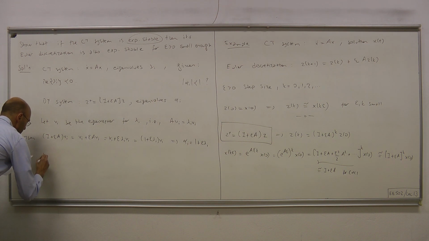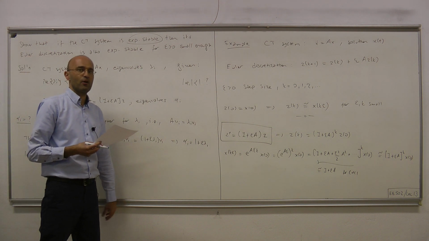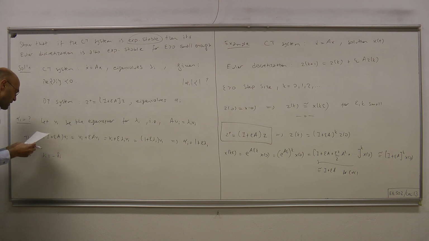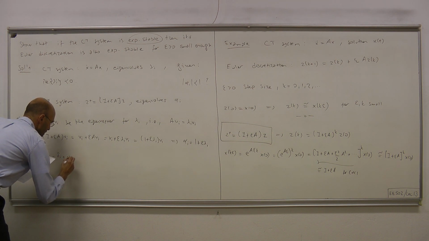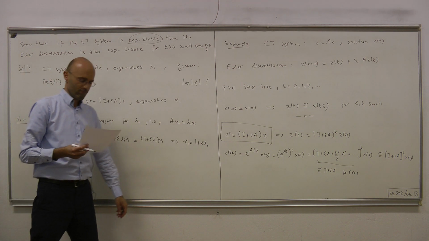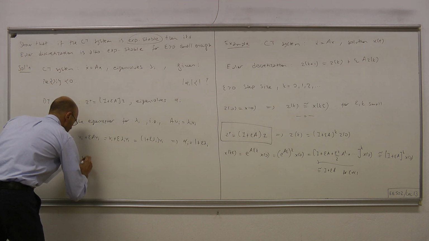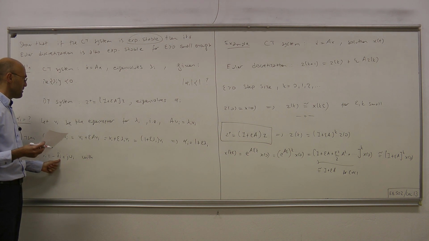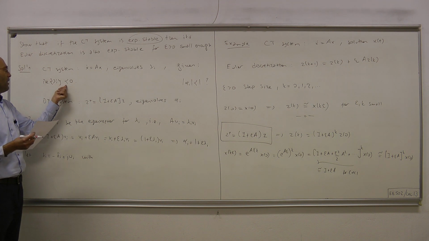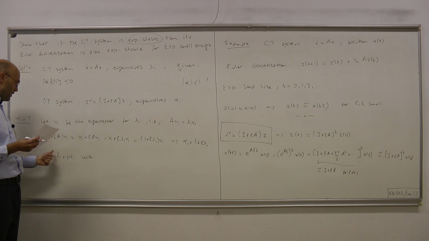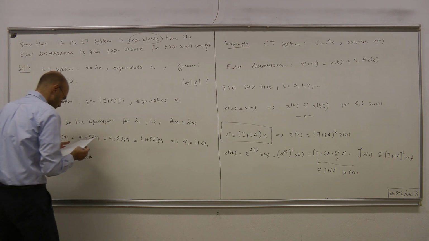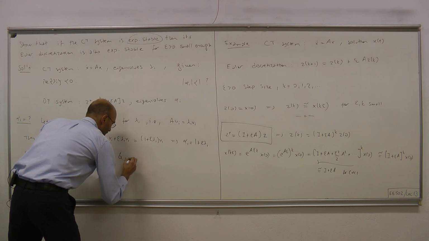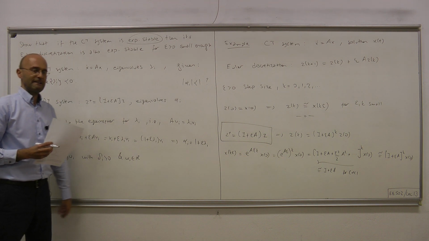Since it is possibly a complex number, it will have a real part and an imaginary part. So in general, we should be able to write it as minus delta i plus j omega i, with delta and omega both real, and delta must be positive because the real part of lambda i is negative. Real part of lambda i is minus delta i, with delta i a positive real number, and omega i is just an arbitrary real number.